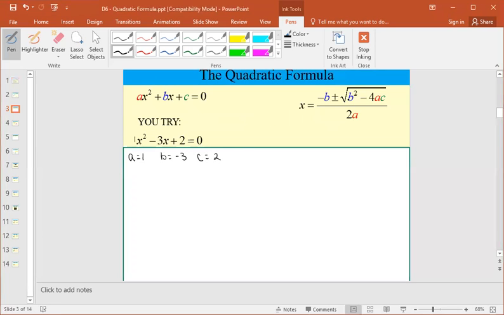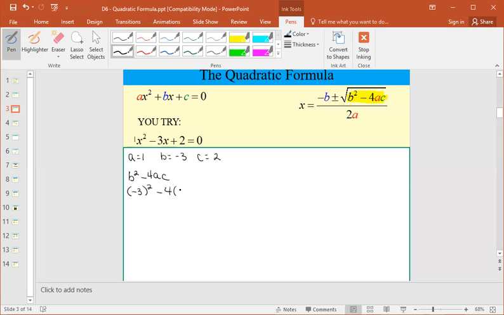The piece that I'm going to focus on first is this b squared minus 4ac. So I'm going to solve that first and get a value. B is -3, so this is -3 quantity squared. You need to make sure you put your parentheses.